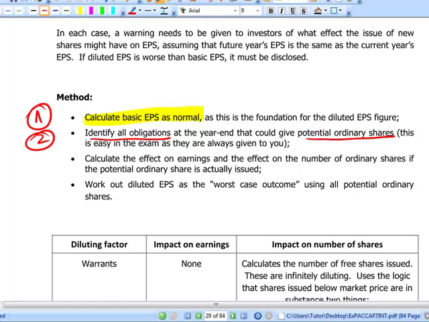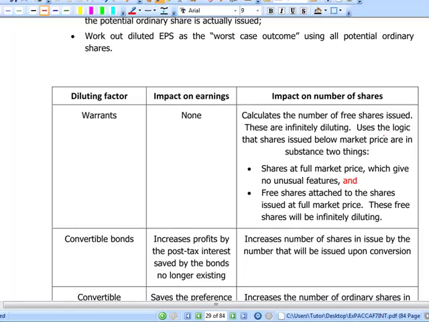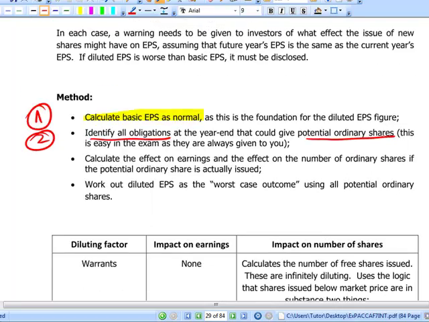And in the exam it will be given to you. You will be told about three types: warrants, convertible bonds, or convertible preference shares, okay? And we have to calculate the effect on earnings and also the effect on the number of shares of the potential ordinary shares that are actually issued.